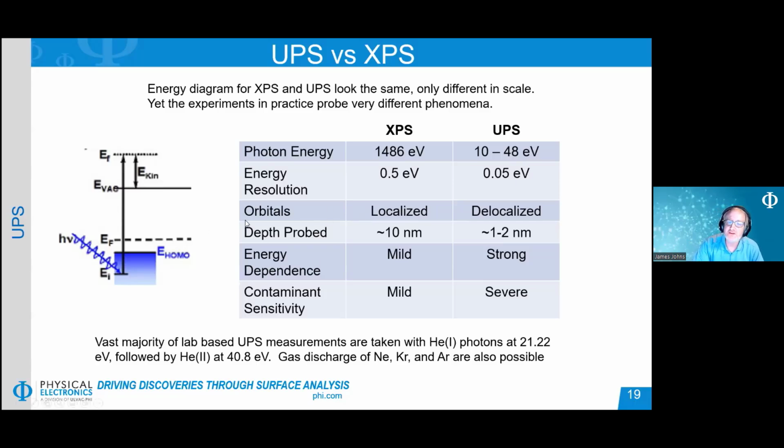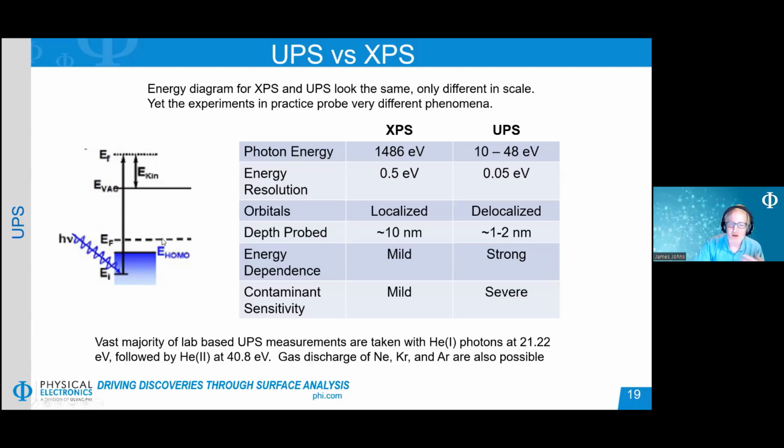In UPS, it's much smaller, about 50 millielectron volts. XPS is looking at orbitals that are localized to individual atoms and specific to an individual atom, whereas UPS is looking at frontier electron orbitals, molecular orbitals that are much more delocalized.